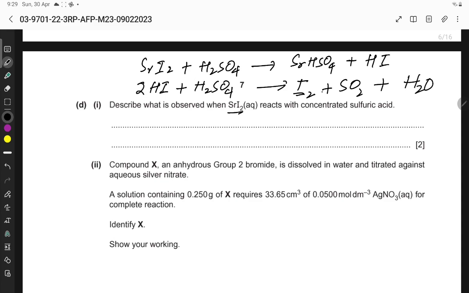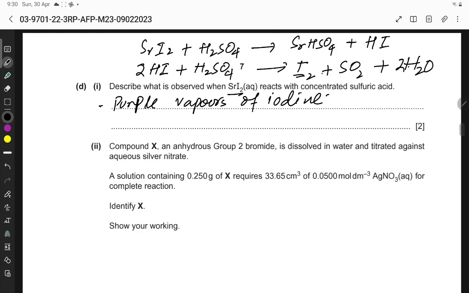So the observations when it reacts with concentrated sulfuric acid will be purple vapors of iodine and sulfur dioxide gas.